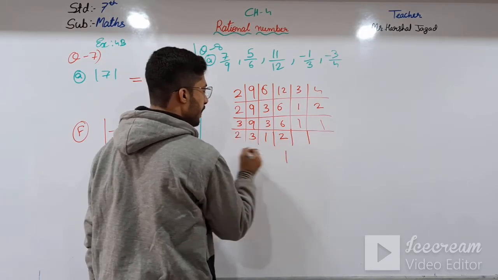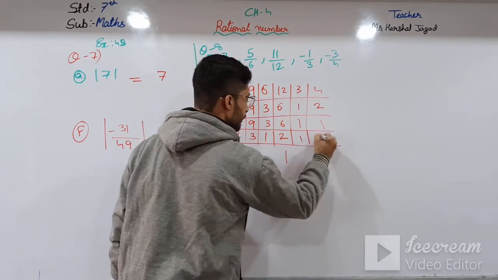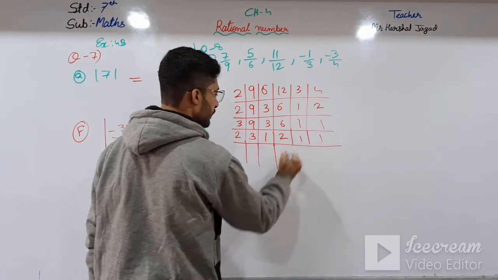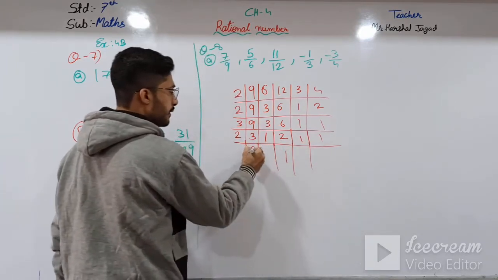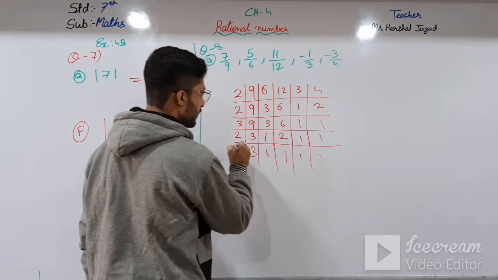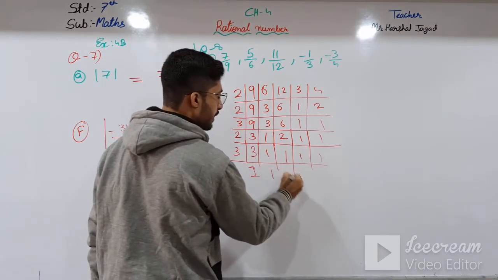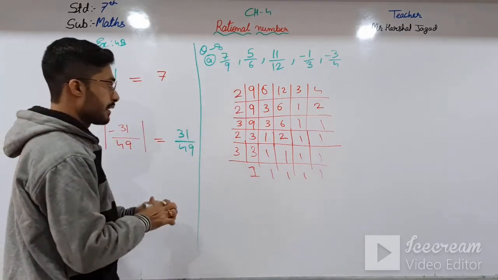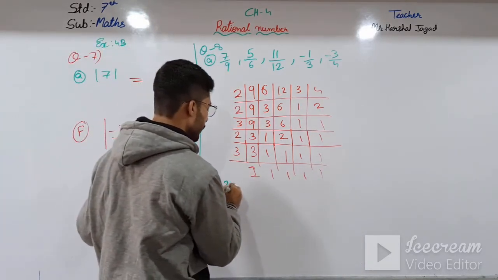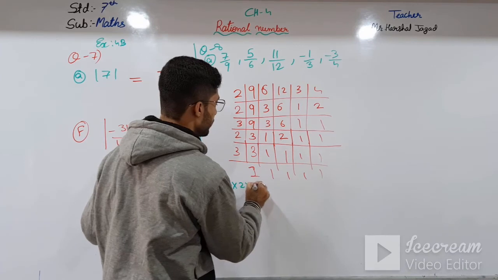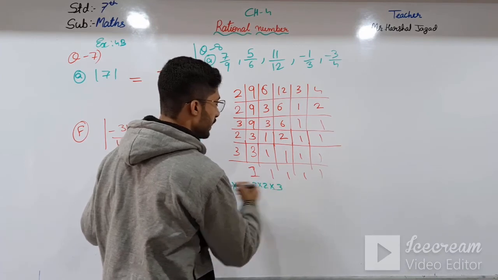Again with 2, and 3 1s will remain as it is, 3 over here. 3 1s are 3. So the LCM is 2 into 2 into 3 into 2 into 3.